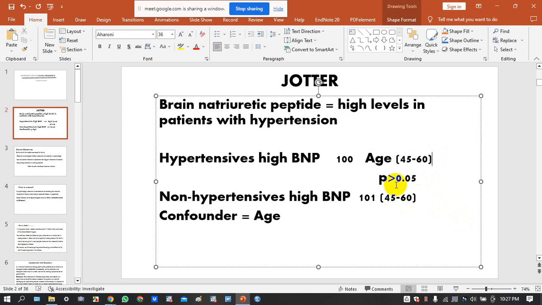As we have 20 to 60, and even here we have 40 to 60, then age brings about bias. Age brings about confounding.